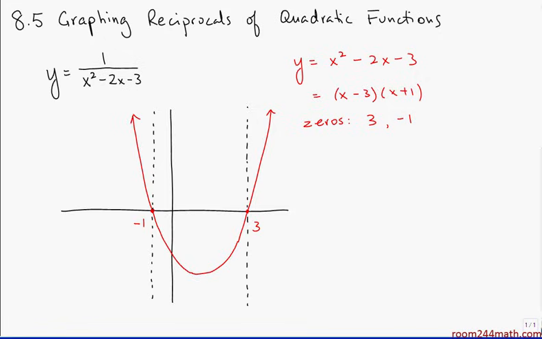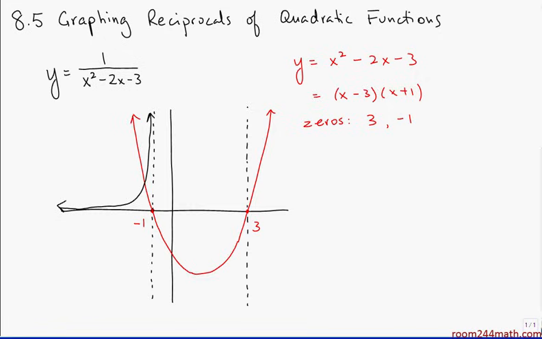If we go far enough to the left, we're going to be getting closer and closer to 0. So it's going to be coming along like that, and then swooping up or blowing up as we get closer and closer to the vertical asymptote, because you're taking in every case the reciprocal of the quadratic, and as the quadratic gets closer and closer to 0, the reciprocal gets larger and larger.